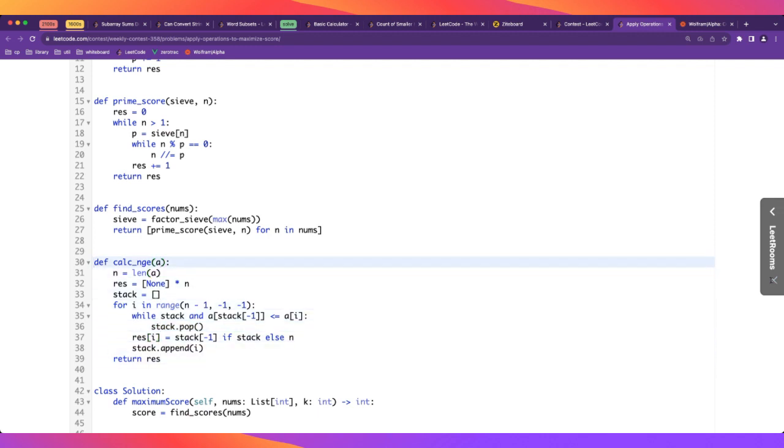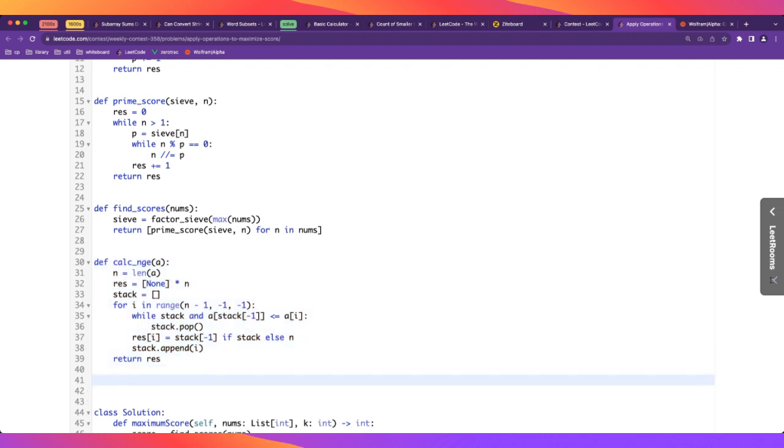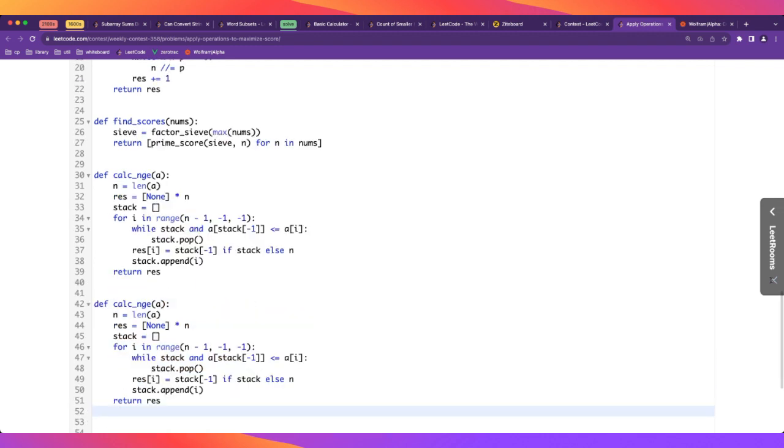And this is the next greater element, but we also need the previous greater element to find the whole range, the whole maximal subarray.